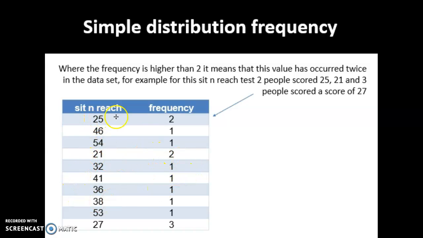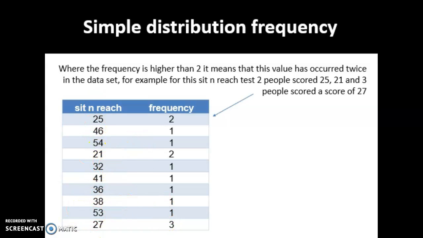So 25 was achieved twice by 2 people, 27 was achieved 3 times, 21 was achieved twice, and all the others were achieved once. So this is basically the frequency that value actually happened.